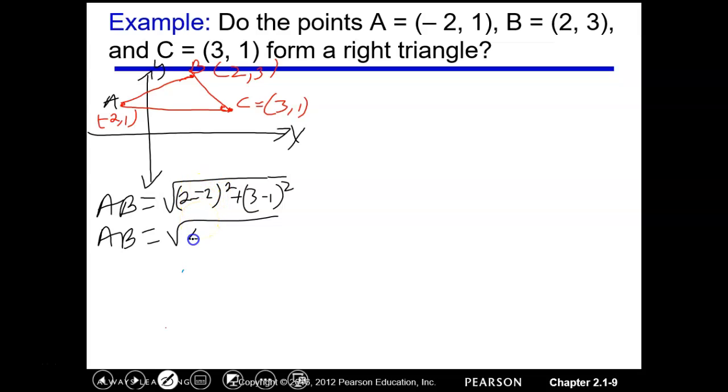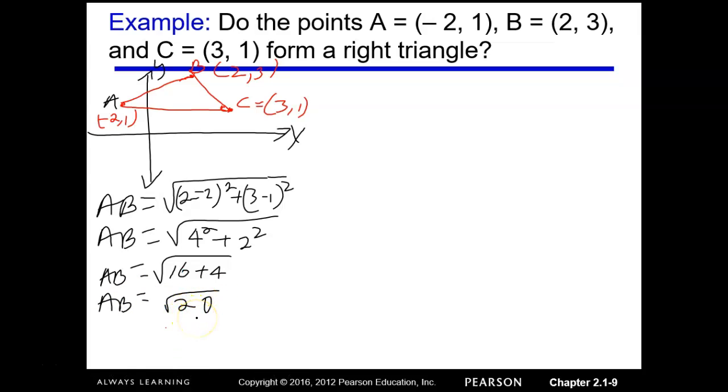So 2 plus 2 is 4, 4 squared, plus 3 minus 1 is 2 squared. 4 squared is 16, 2 squared is 4, so AB is the square root of 16 plus 4, which is 20. We can leave it like this. Let's not worry about simplifying it until we find all the sides.